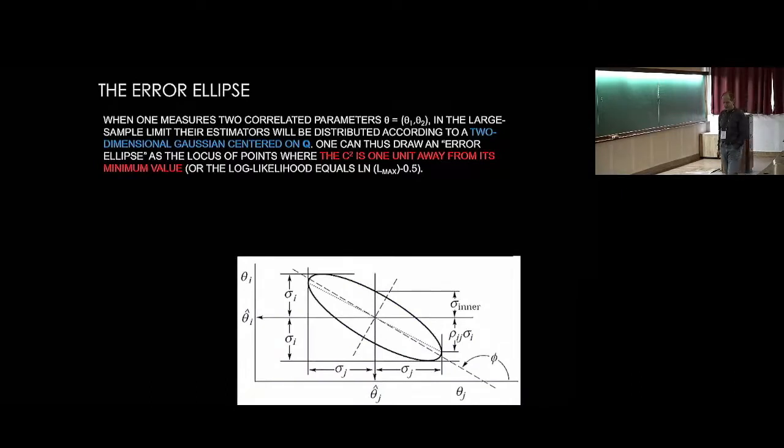And then we get to discuss the error ellipse, which is an important construction that allows you to visualize the correlation between two variables, the variances, so that is the square root of the variances of the two variables, and a few other things.